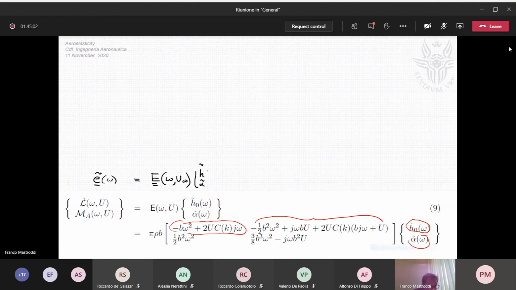Not modal coordinates in this theory, but physical, in the sense that you have displacement and rotation. And this 2 by 2 matrix is exactly this 2 by 2 matrix. And you can see clearly the dependency analytically on omega and U infinite. Note that this k is, please, omega b by U infinite.